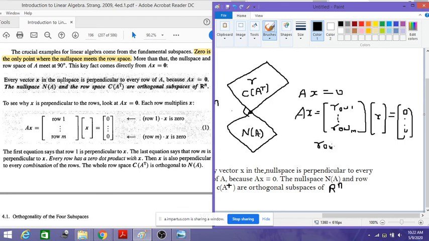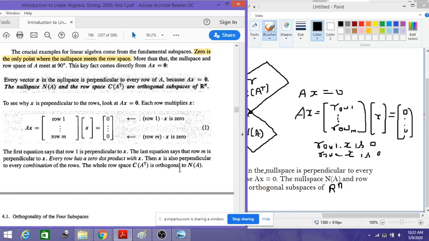Row 1 dot product with x is 0, then row 2 times the next value of x is again 0. So every row has a zero product with x.